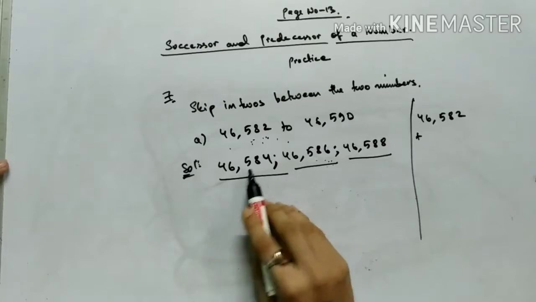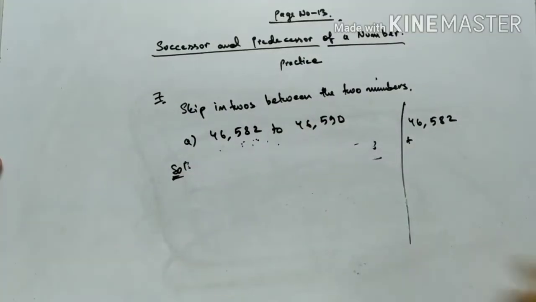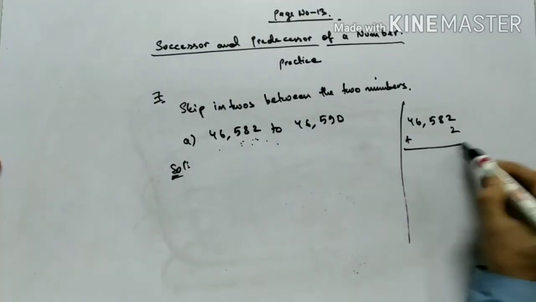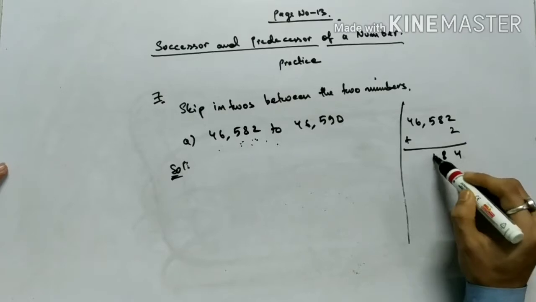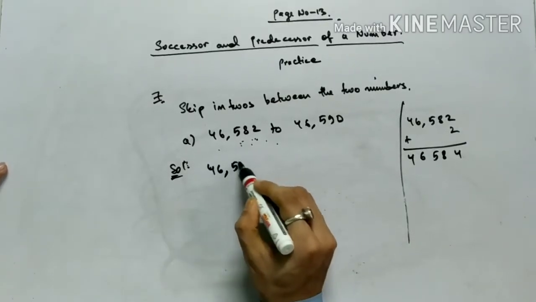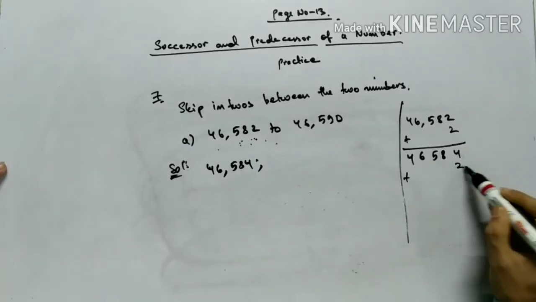46,582. So the next number, this one you see. Skip in twos, plus 2 I will do. So the first answer I got is 46,584. And then to find the next number, you add 2 again.